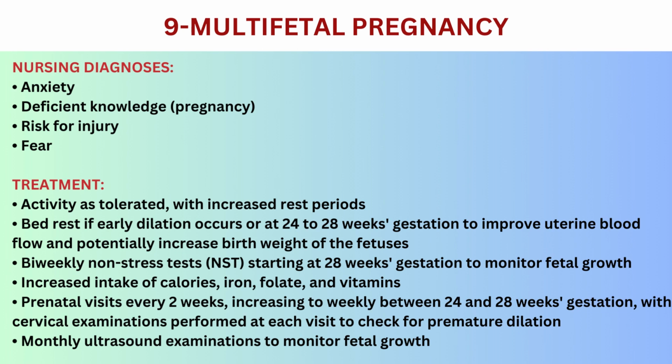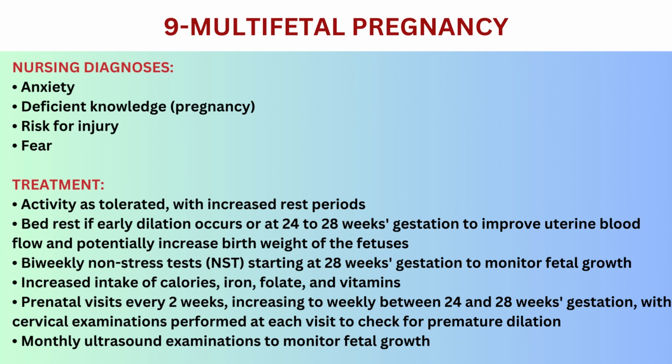The treatments include activity as tolerated with increased rest periods, and bed rest if early dilation occurs or at 24 to 28 weeks gestation to improve uterine blood flow and potentially increase birth weight of the fetus.